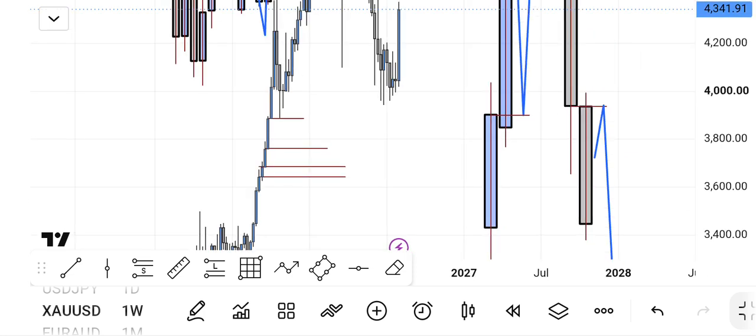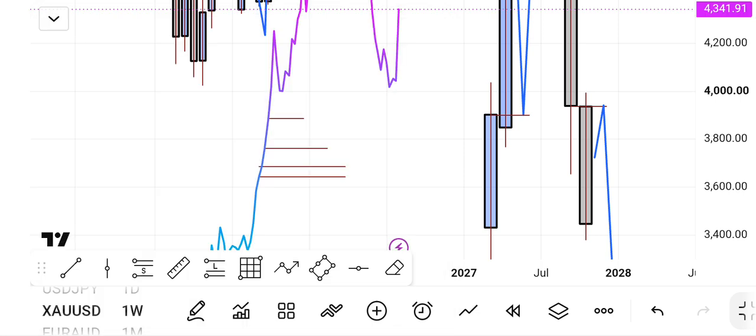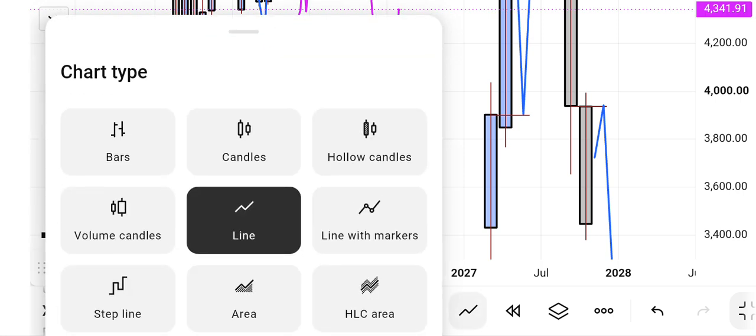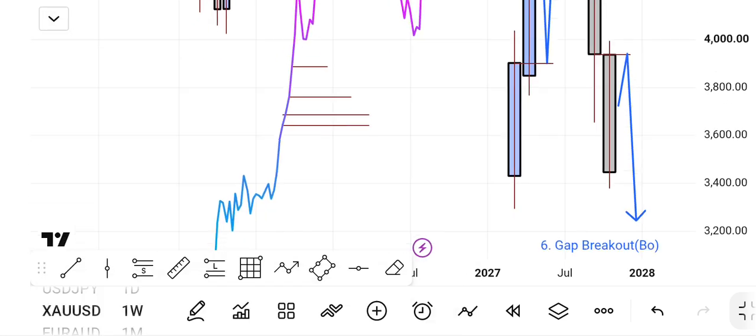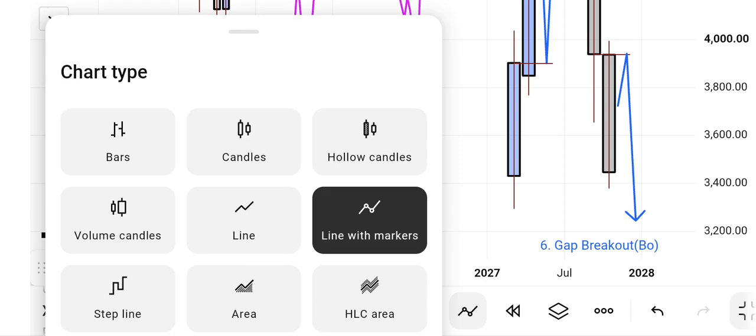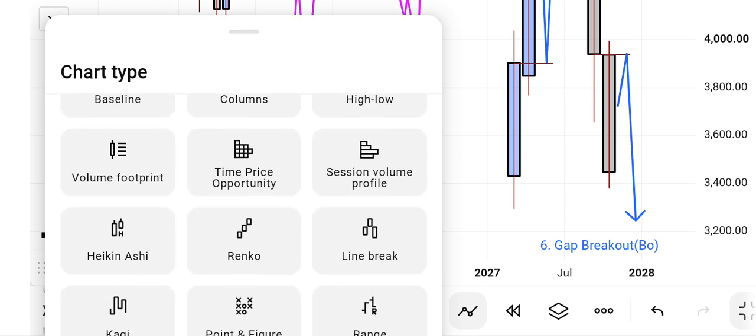Yeah, so you can't see them on the line chart. As I said, you can't. The only way you can see them is if you use lines with markers.